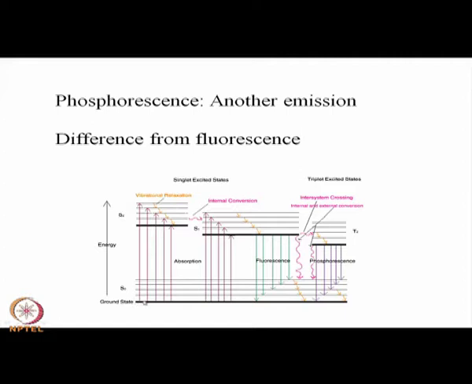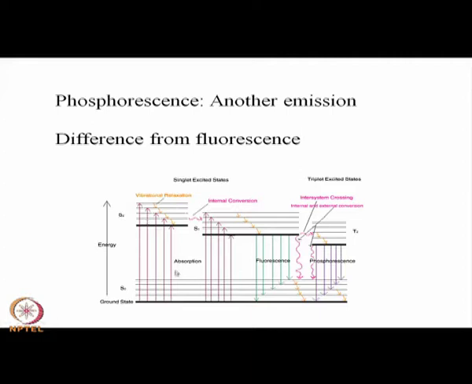So, let us come to a diagram that will be more informative. Think about this ground state. This is the original ground state of the molecule. This is S0, this is S1, that is the first singlet state, this is the second singlet state.